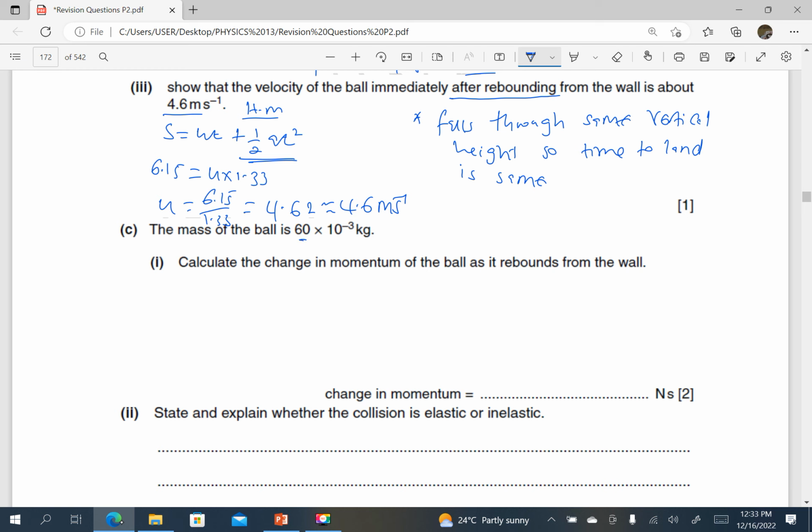Then the mass of the ball is 60 times 10 power negative 3. Calculate the change in momentum. Momentum is mass times velocity. The change in momentum: the mass is 60 times 10 power negative 3. The velocity, remember it rebounds. Let's say it arrives at the wall with a speed of 7.5, and we have seen it rebounds with a speed of 4.6, so it's negative 4.6.